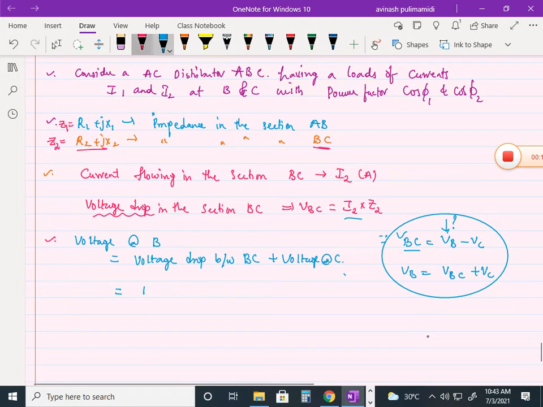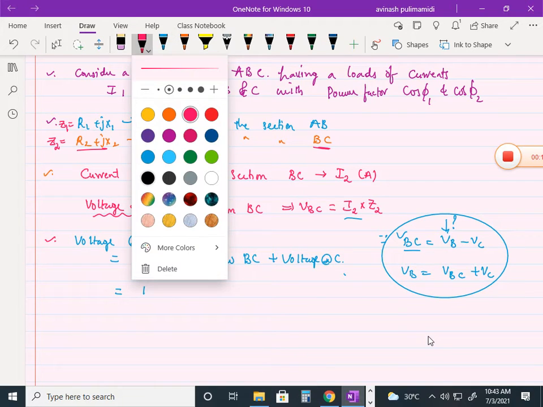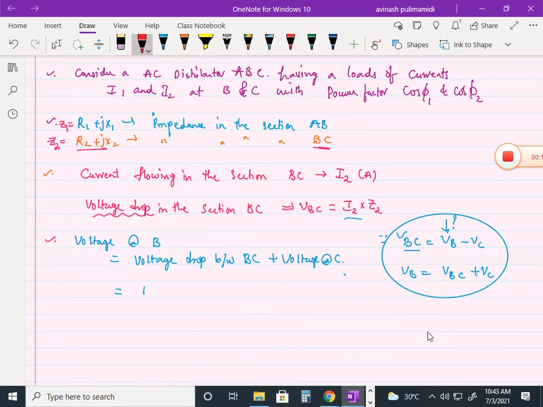So the voltage drop in section BC will be I2 into, what is Z2? Z2 is nothing but R2 plus JX2, plus the voltage at C, VC. So that is nothing but VB.